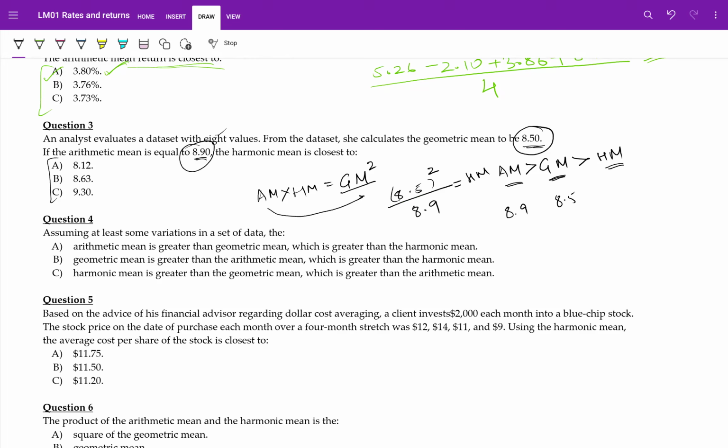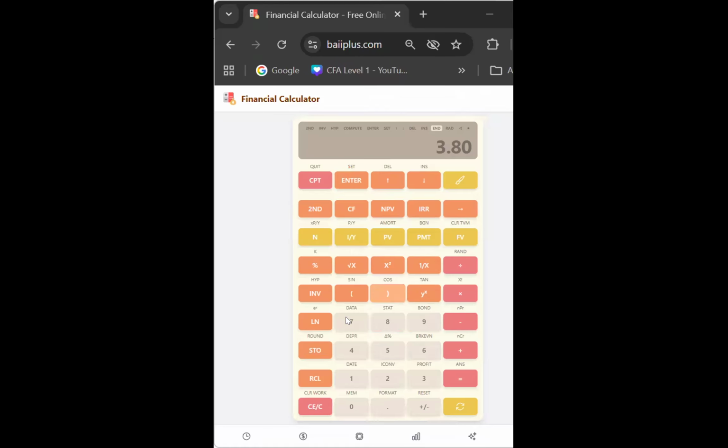Let me just quickly share my screen, my calculator with you, and let's calculate this so that you guys also understand the functioning of the calculator. So 8.5, now I'm going to square it. This is going to give me 72.25.